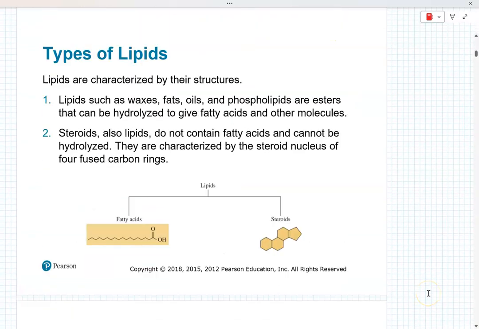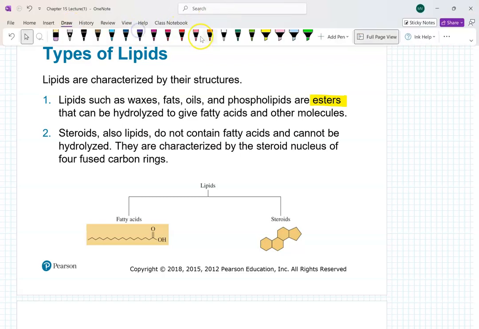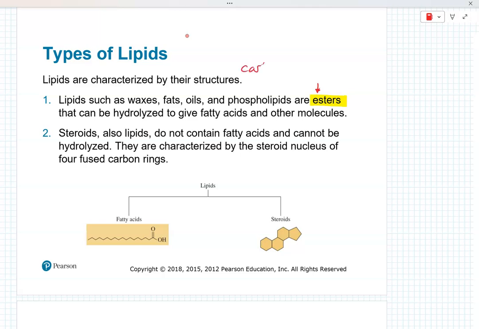So lipids can be generally divided into two large categories. First of them are esters. Remember, we basically just finished talking about them. A typical ester is formed by the carboxylic acid and alcohol.